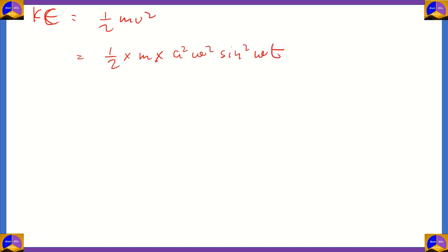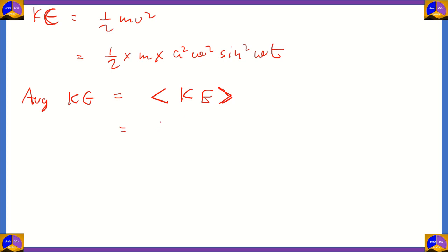So it's basically minus, but then when a negative value is squared, it becomes a positive value. So now we have the expression for kinetic energy. Now what we're going to do is we're going to take average kinetic energy. So average kinetic energy is represented with the angular brackets.